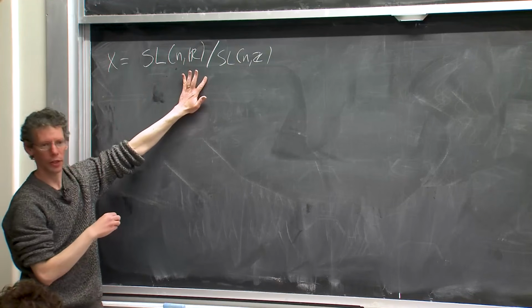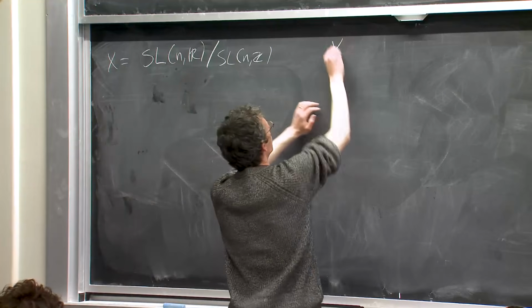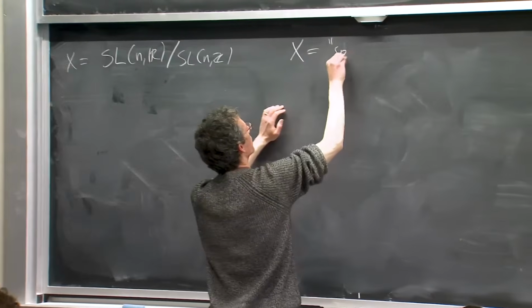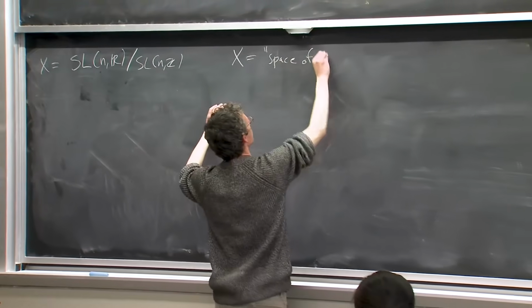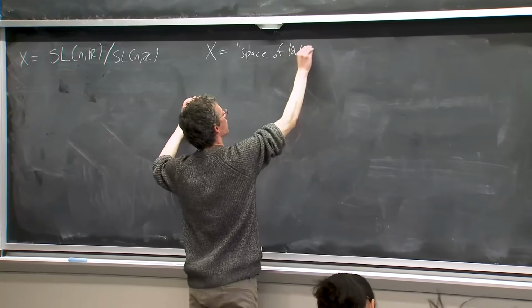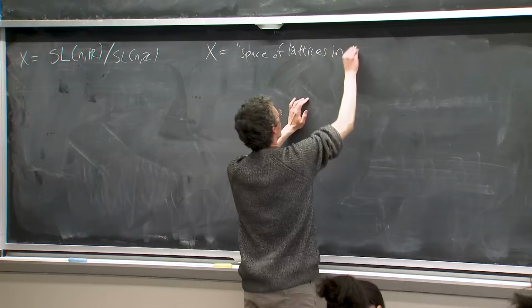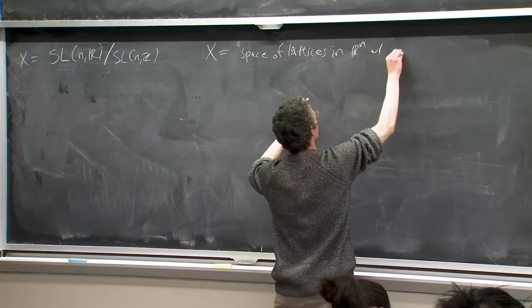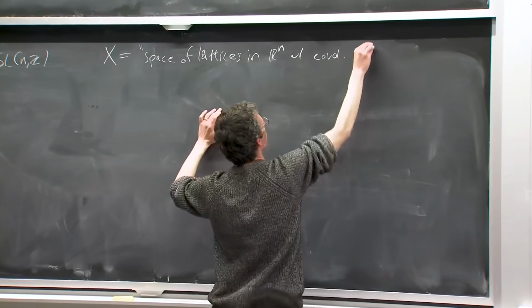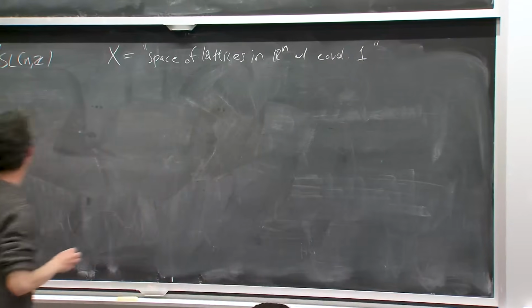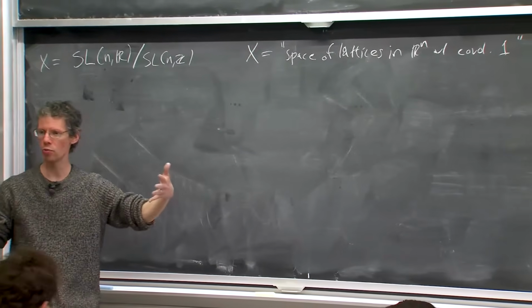Why would you care about this space? You can think of X as the space of lattices in R^n with covolume 1. Why? Start with the unit cube lattice.